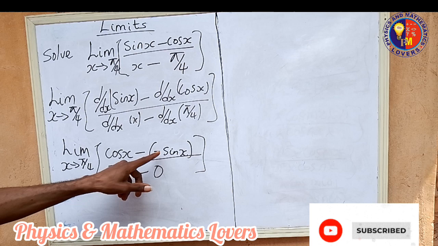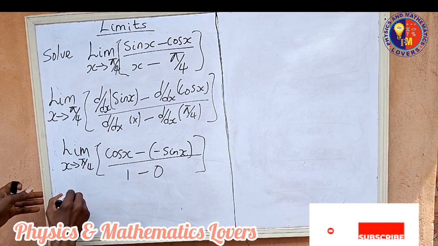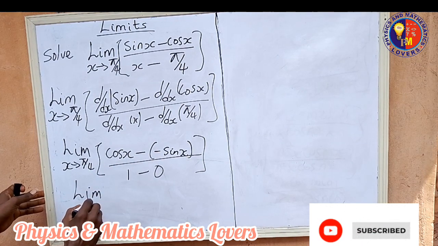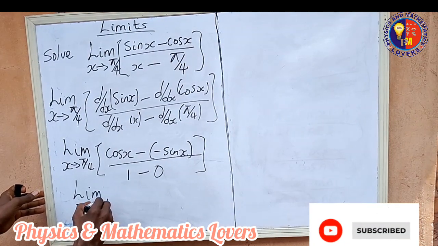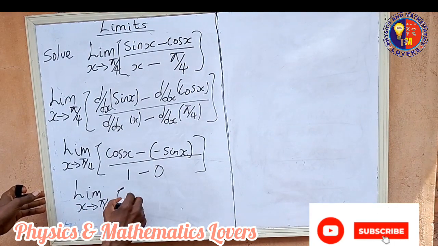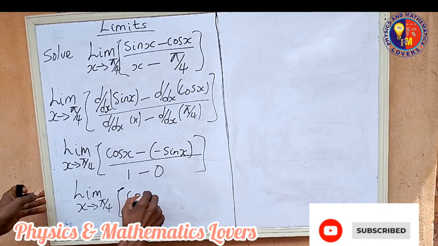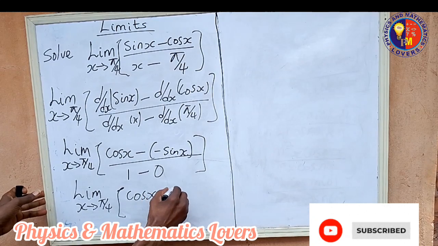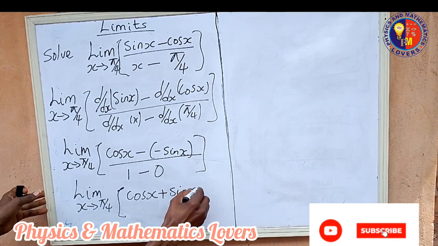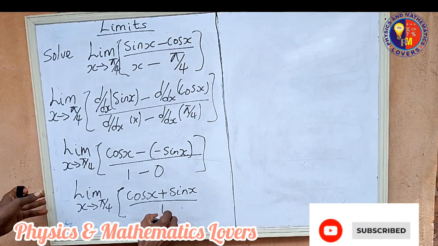So we go further. We have our limit as x tends to pi over 4 of cos x, and minus times minus gives plus sine x, all over 1.